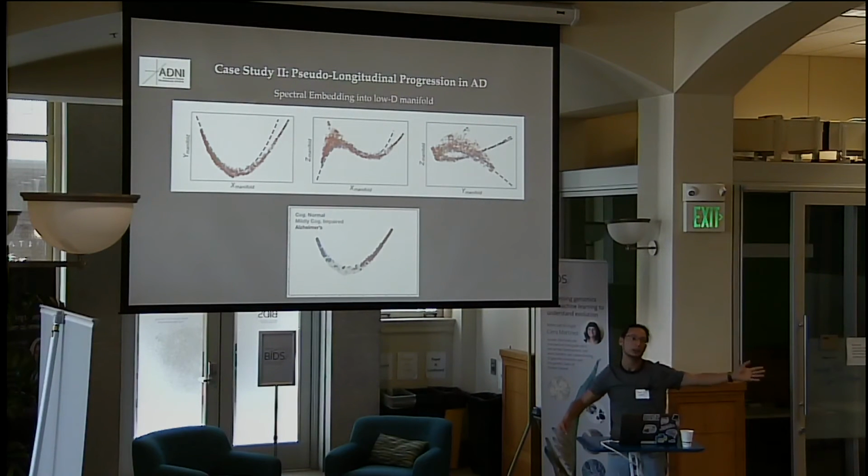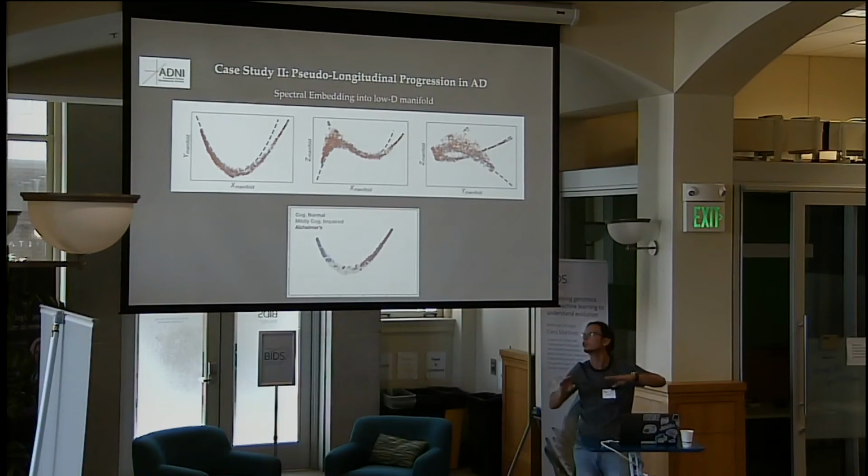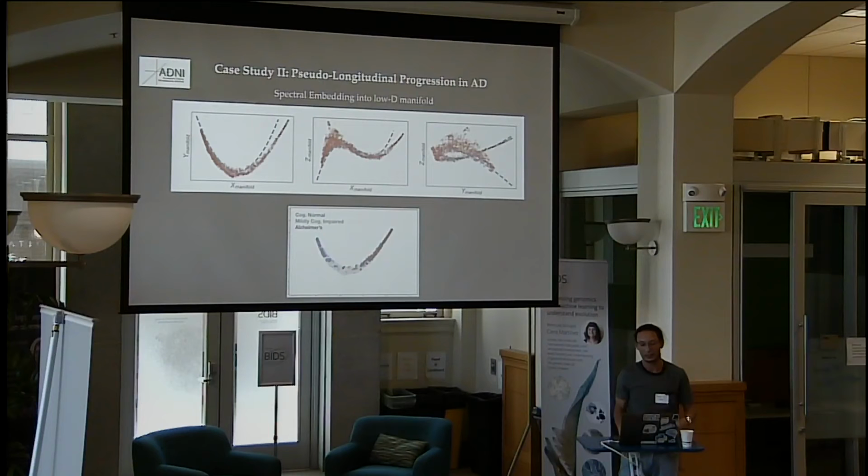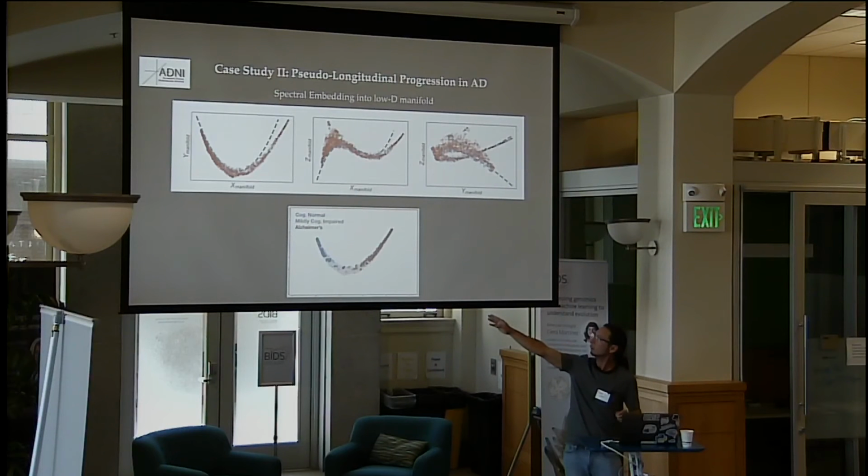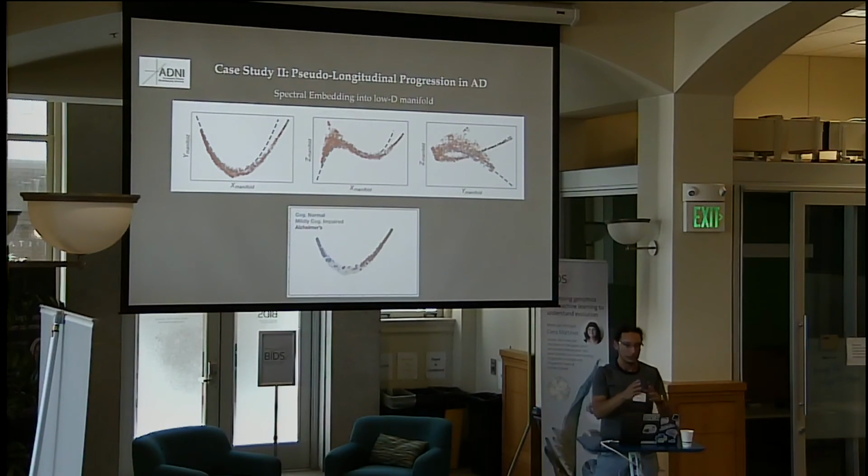And in the far left, you have healthy patients, and as you go further to the left, you have more and more healthy, and to the right, more and more Alzheimer's-like. What I'm showing here in the bottom is that if you color them by the diagnosis they are given, healthy are blue, mildly cognitively impaired in the middle, and Alzheimer's, you're actually making the sequence of disease severity.